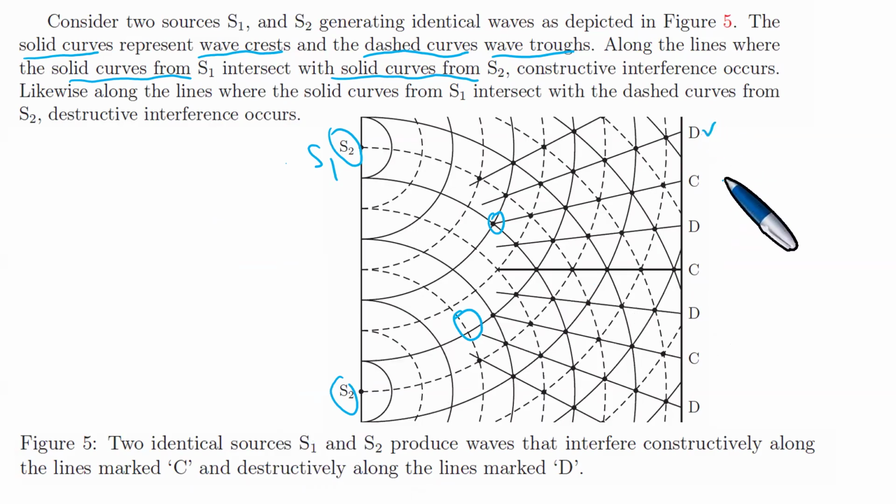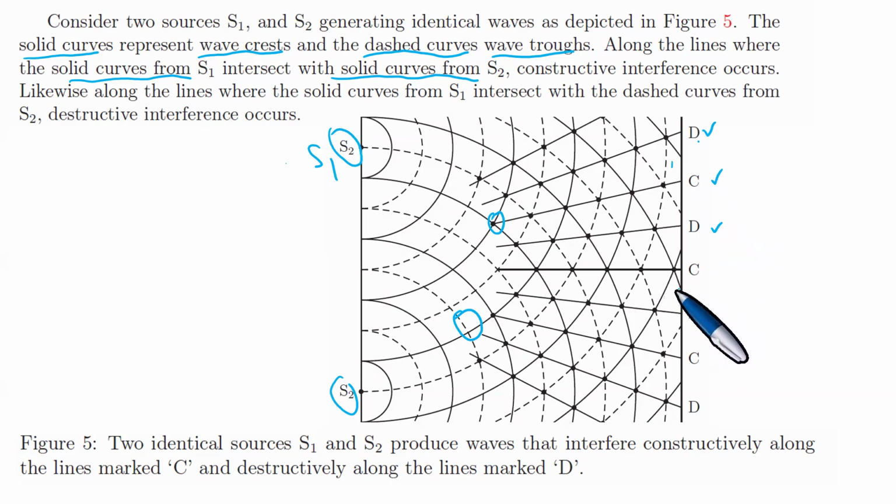But I want us to look at these symbols here. If you have dashed and solid, dashed and solid, then there is destructive interference. Now at this point, you have dashed and dashed, constructive. Here you have dashed and solid, destructive.